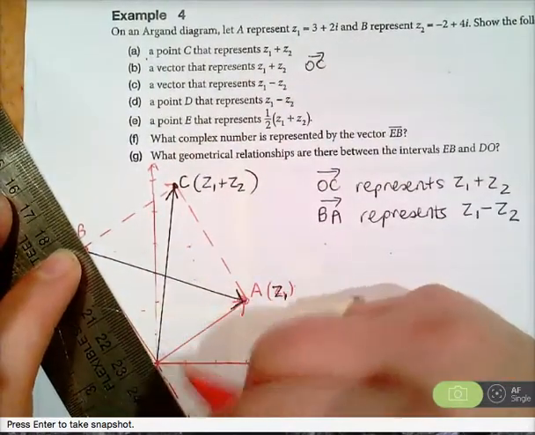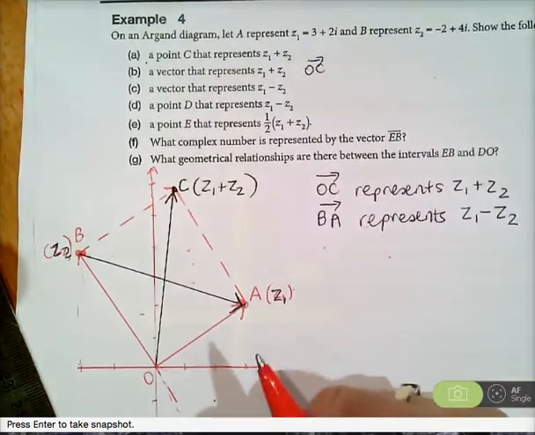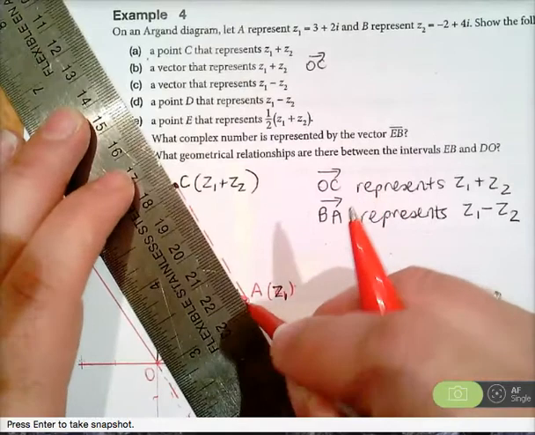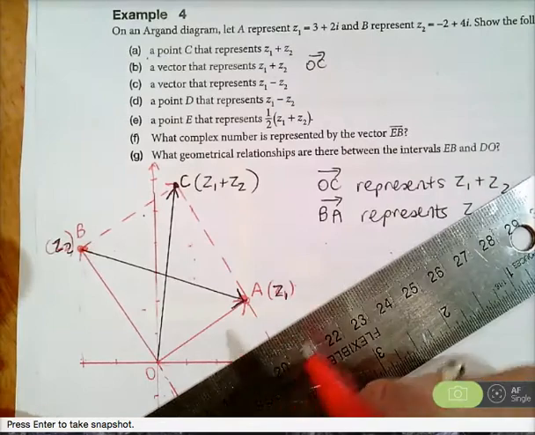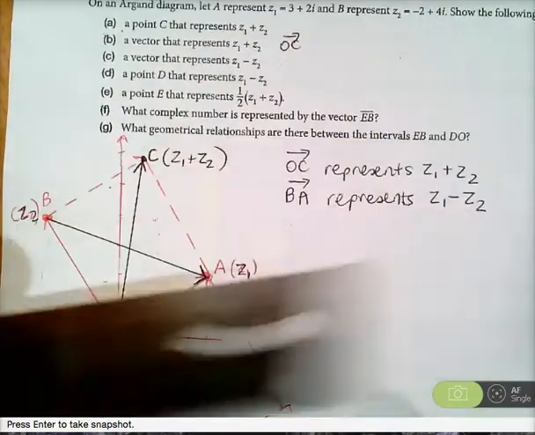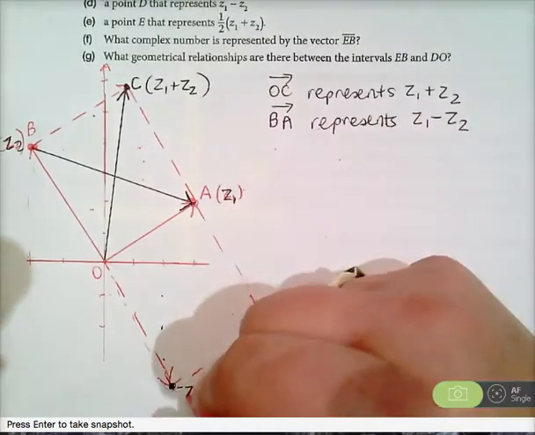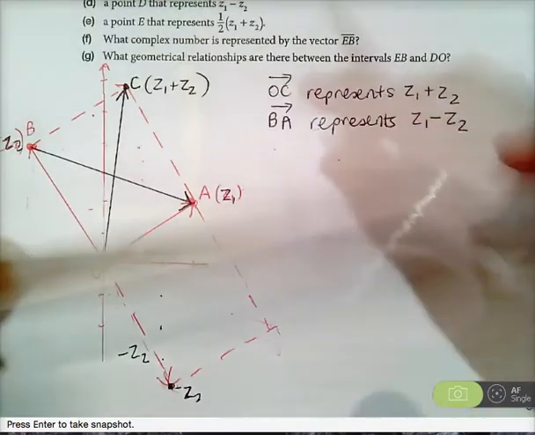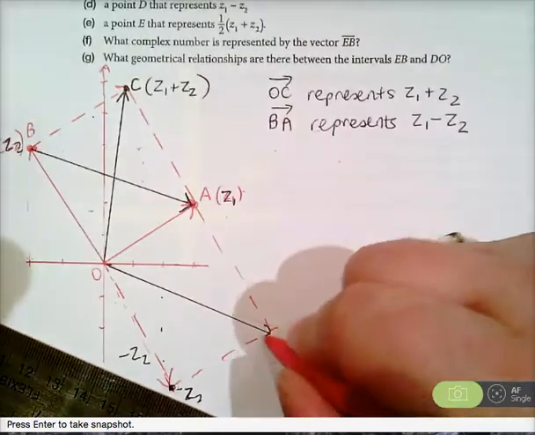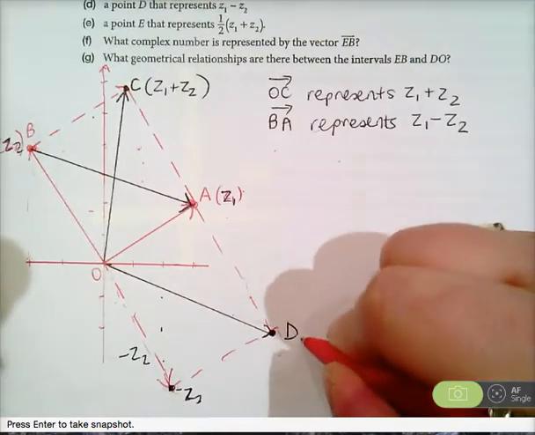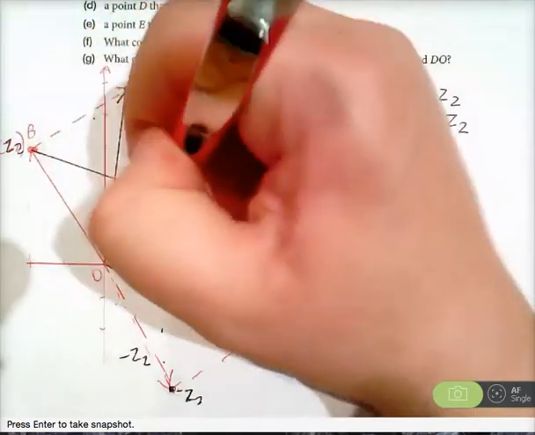And if I were to draw the parallelogram and complete it, I would get this. So Z1 minus Z2 would be this, or the point. So that's the actual point, Z1 minus Z2. This is the vector BA represents Z1 minus Z2. So does OD. It actually also represents Z1 minus Z2.